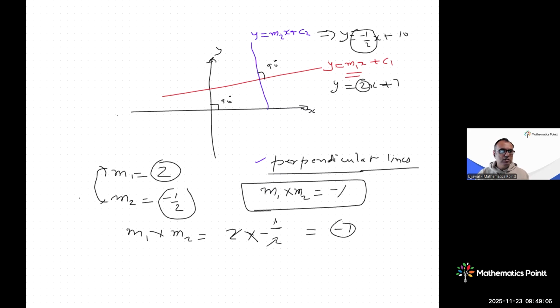Now, let's see how we'll use it. Let's go to the next page. Let us say I'm just giving you two lines, and I'm testing you on exactly the same concept: find the slope first and then give me the proof.